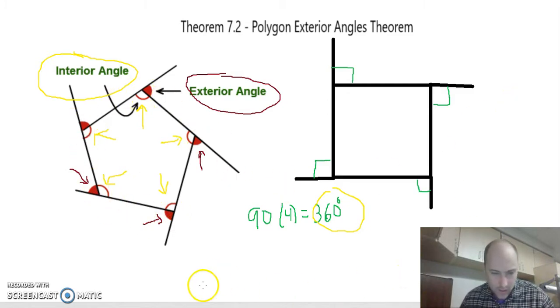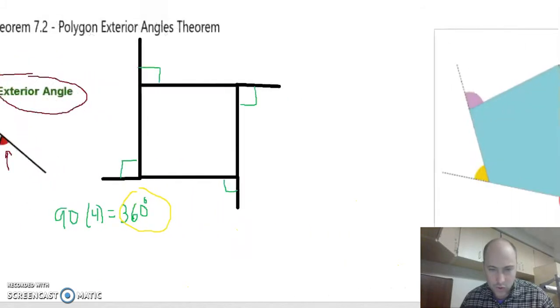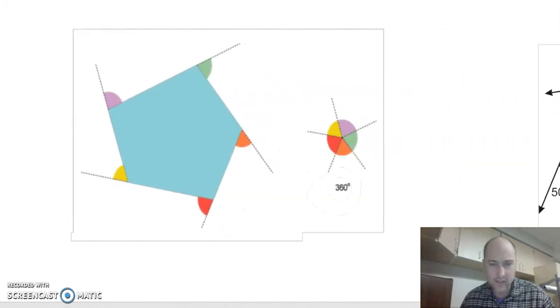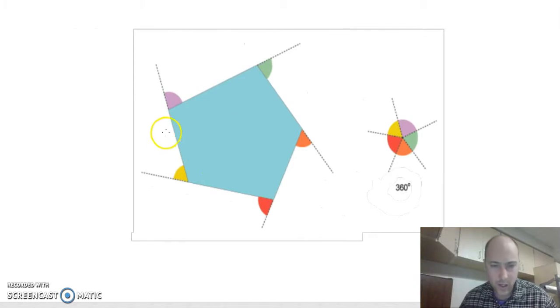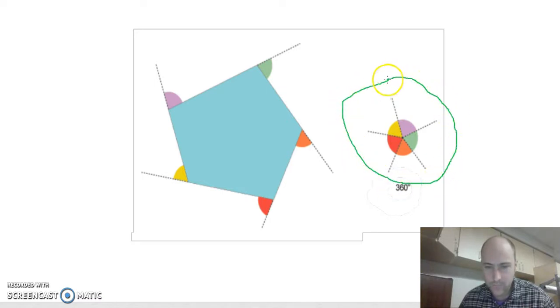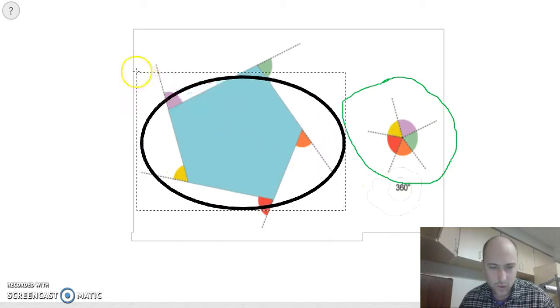Okay, so let's take a look at how this could possibly be. Slide over here. This is another 5-sided polygon, and we have the orange and the red and the yellow and purple and green exterior angles. If we took those angles separately and combined them all together, we would be left with this nice, lovely circle. So if we drew a circle around this whole thing, let's see if we can draw a circle in this program.